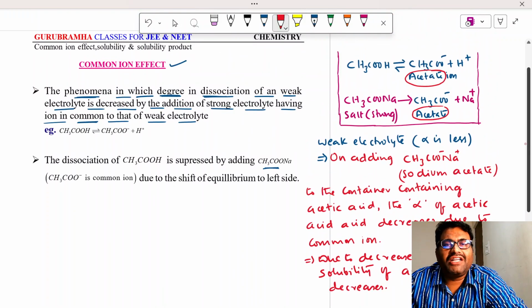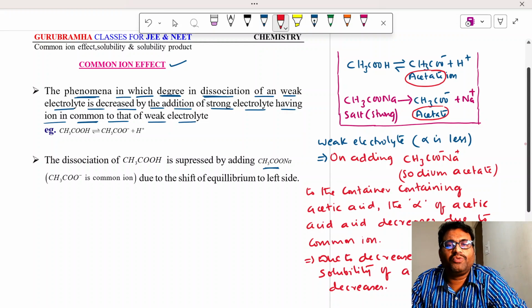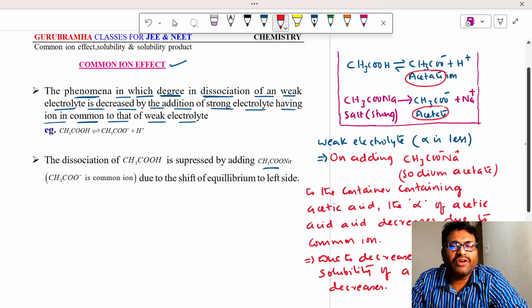So what did you understand from here? We understood that there is a weak electrolyte in a container. When you are adding a salt which produces a common ion on its dissociation, common ion means the ion common to that on dissociation of acetic acid.